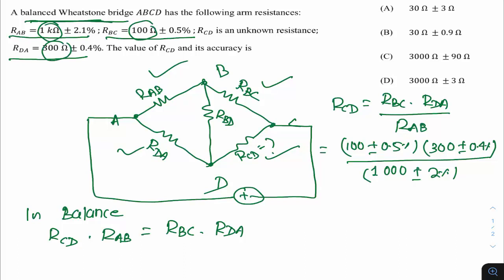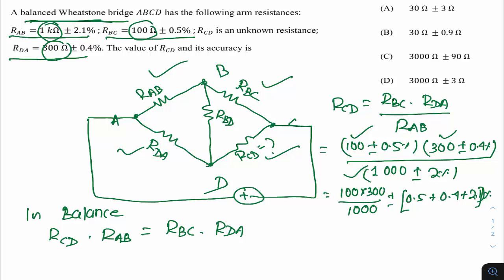In case of multiplication and division, the percentage errors are added up. The true value will be 100 into 300 divided by 1000, and the error will be plus or minus the sum of the individual errors, that is 0.5 plus 0.4 plus 2.